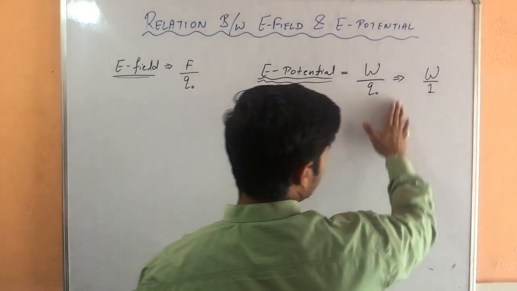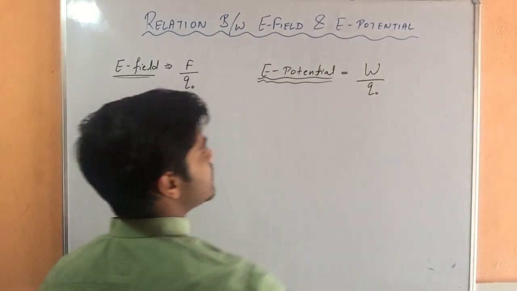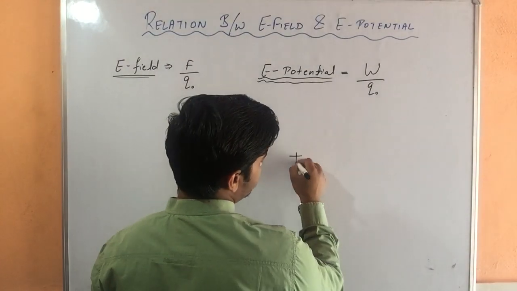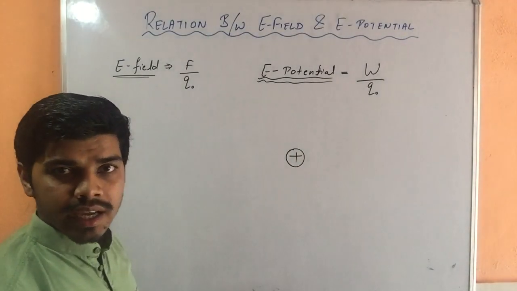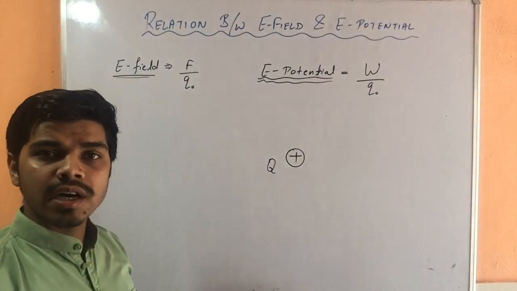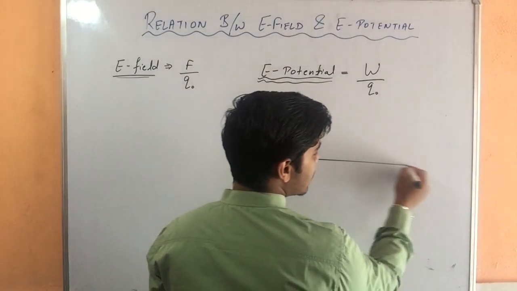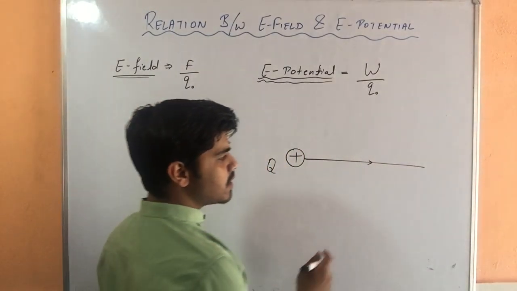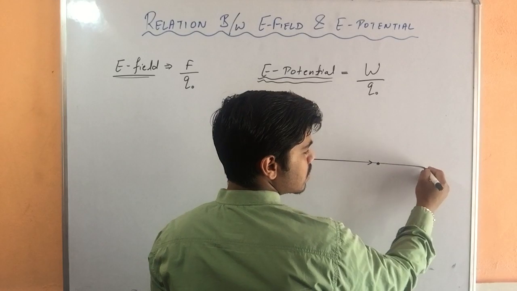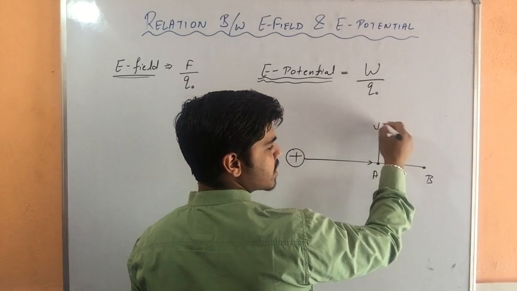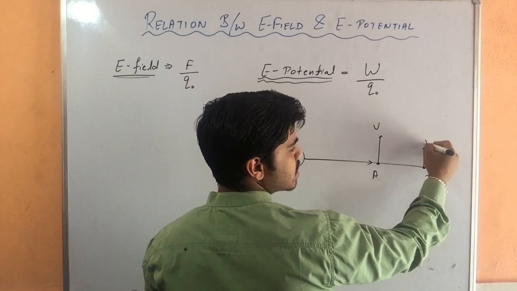Now first of all, to relate these two quantities, we have to consider a charged body or a single charge for electric field, and in this region of electric field we have to determine two points which have different potential.